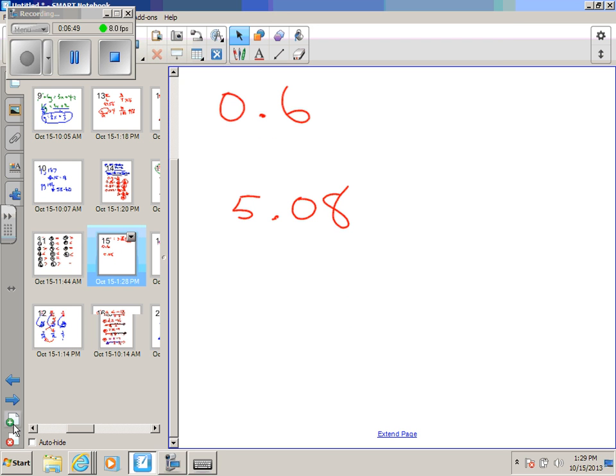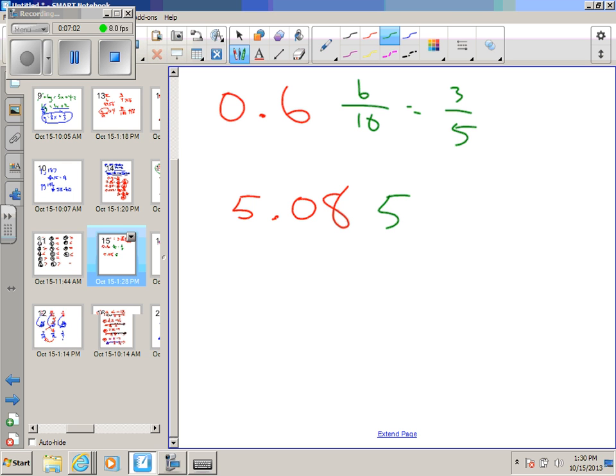Try those two. The ones I saw were good. The 6 is in the 10th place. Just don't forget, they're both even. Simplifies to 3/5. Both even. 5 and 8 over 100. Okay. Now, 8 and 1,000 have 8 in common, but not 8 and 100. So both divisible by 2, but also divisible by 4.